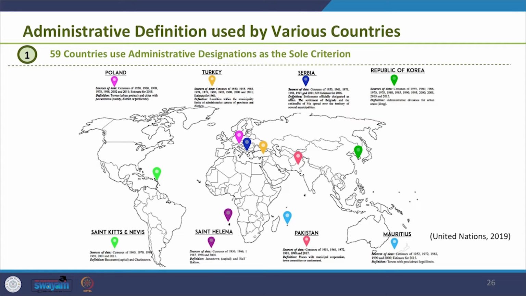Mauritius, a small country here, also uses the same definition. We also see St. Helena, which is somewhere here, with the same criteria. We see St. Kitts and Nevis somewhere here. They also have this administrative designation. So they do not identify by any other aspect, but only by the administrative designation.